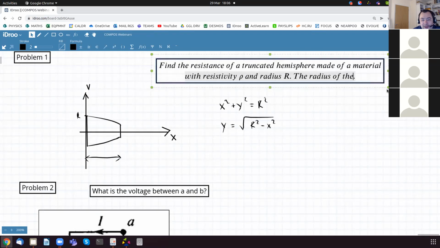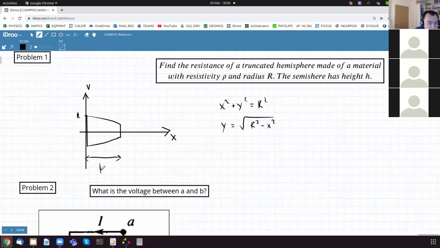I'm just going to simplify the maths here. The semisphere has height h. So what is h? h is this distance. Okay. I just made life easier for myself. Height h.